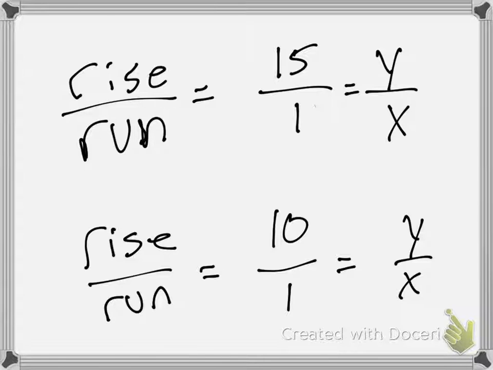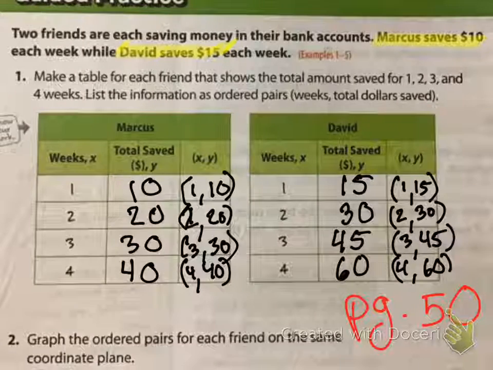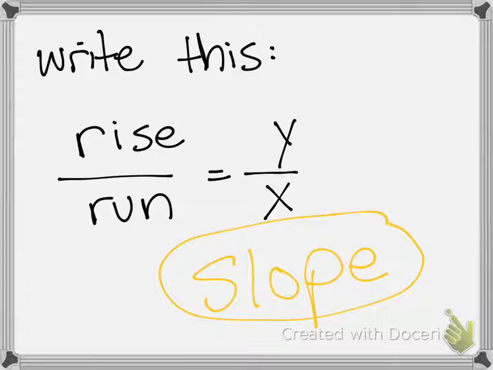And I'm going to explain this to you. Rise over run literally means slope. This is the steepness of the line. Remember, slope, like when we go skiing, you go down a slope.